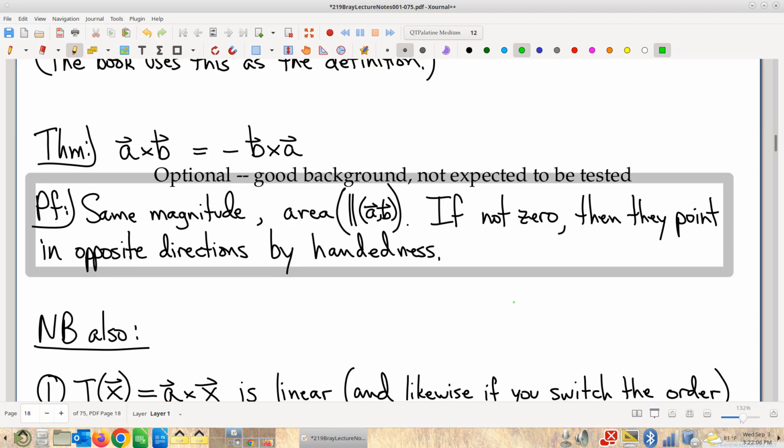A couple more quickie things to say. Do be aware, cross product is kind of a product. I mean, what is a product anyway? It's product-like in a certain sense. If you write down some of the algebraic properties, it algebraically kind of behaves like a product, but not 100%. In particular, cross product is not commutative.